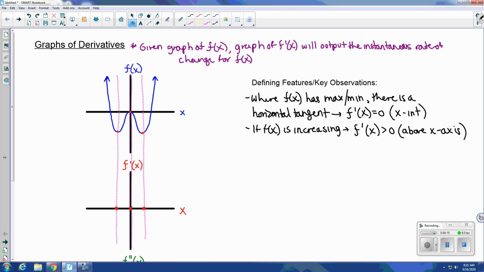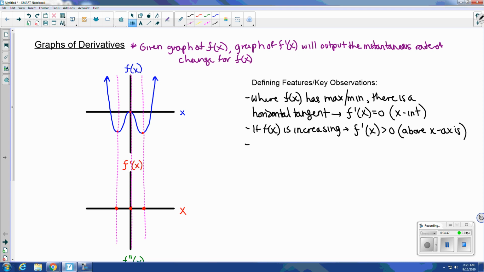Okay, so outputs will increase on a function if the rate of change is positive. So if I know that f of x is increasing, I know f prime is positive, and therefore in the section of the graph that we've now divided up with our pink dotted lines, where we have sections that are increasing, I expect to see f prime to be above the x-axis in that region.